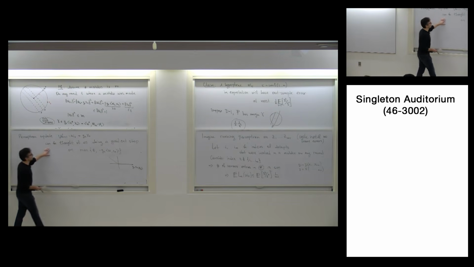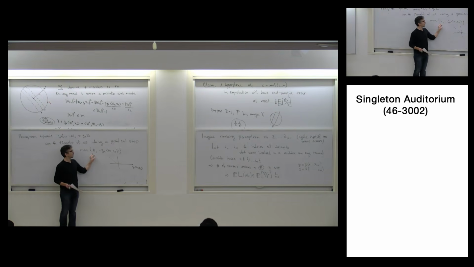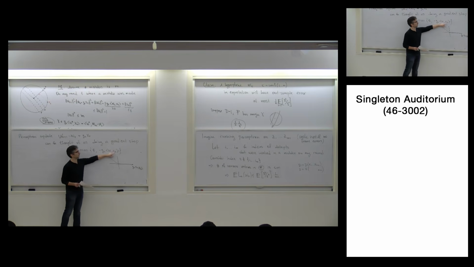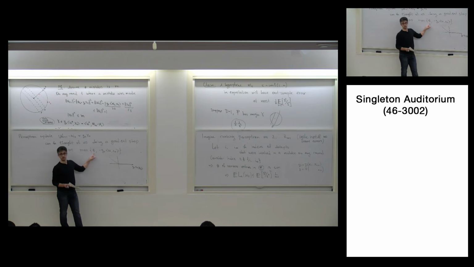And if you take a gradient, if you're on the correct side, in other words, w times xt times yt is a positive number, then there is no mistake.